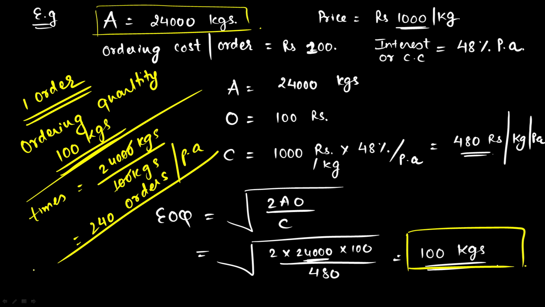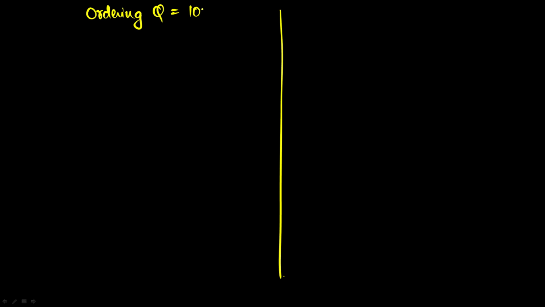And I feel that at this ordering quantity, my total cost will be minimum. Alright. So what was my ordering quantity, the most economical one? 100 kgs.